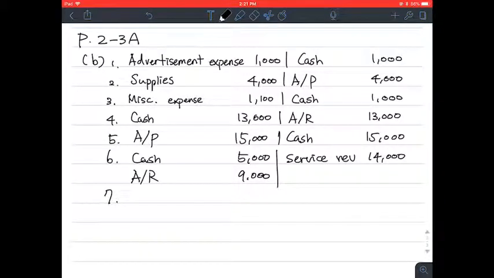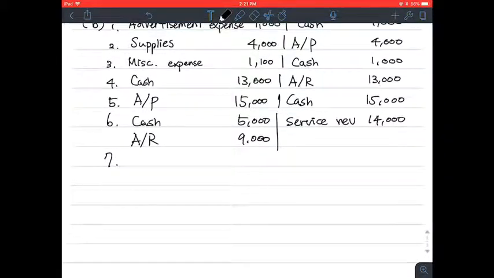And for 7, wages for January paid in cash was $3,000. So it should be salaries and wages expense, by how much? $3,000.